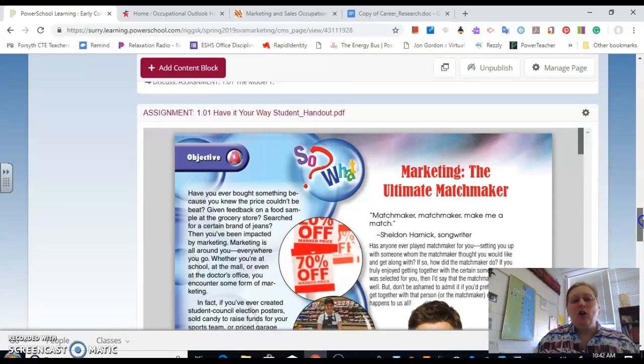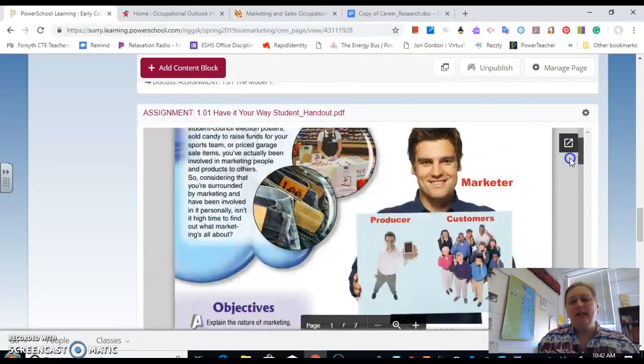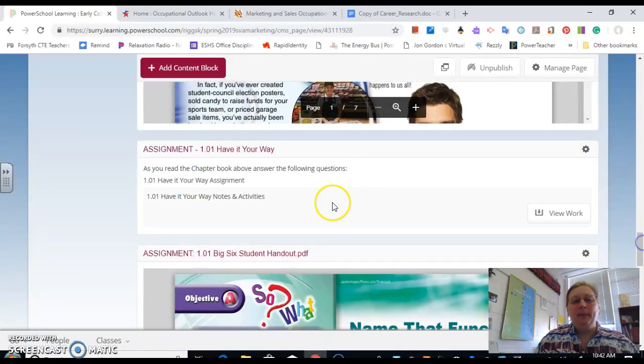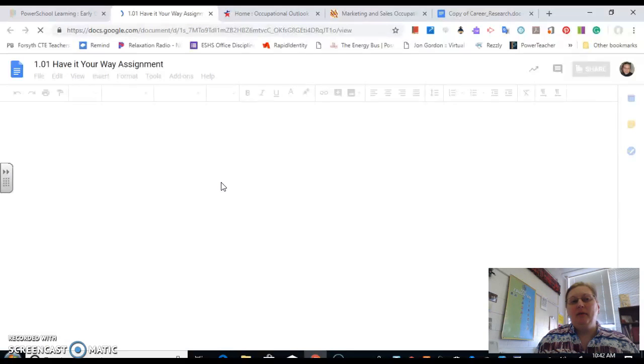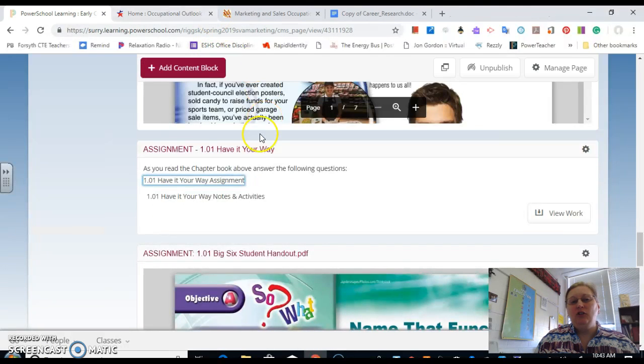Then this is your actual book for this class, and I just put a chunk in here and there where it fits. As you read through this book section, you will complete this activity and turn it in here.